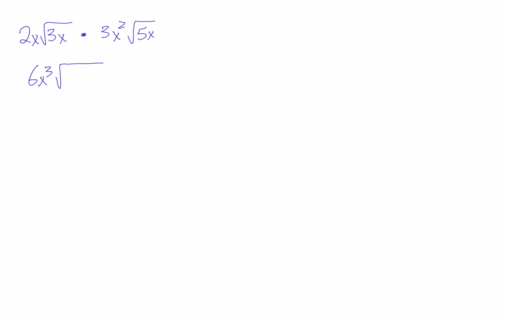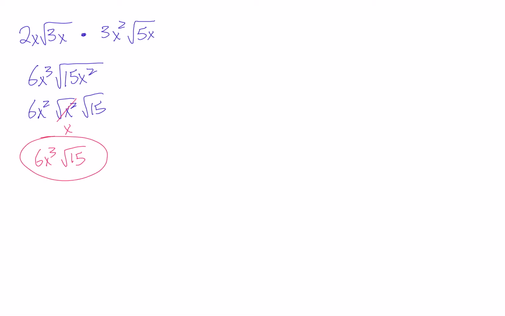Multiply the square root numbers, so 3x times 5x would be 15x squared. And in this case, we can simplify it because the square root of x squared is a perfect root, and the 15 we can't do anything with. The square root of x squared, we'll just simplify to an x. So we have 6x cubed times x... root 15 would be our final answer.